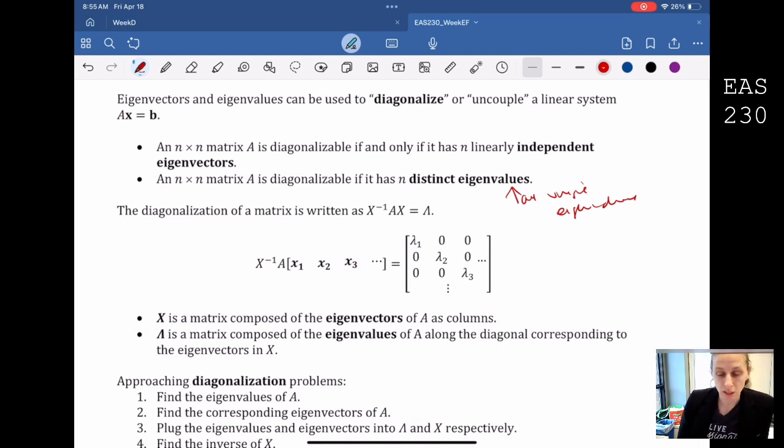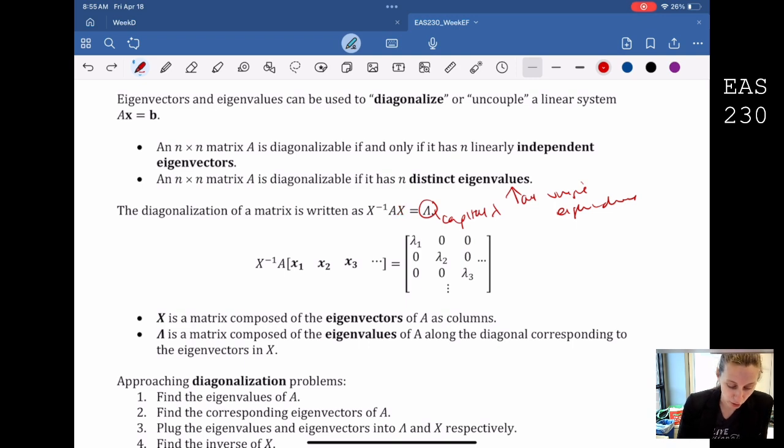The diagonalization can be written as x inverse times A times x equals capital lambda. So keep that in mind, where x is the matrix of eigenvectors.